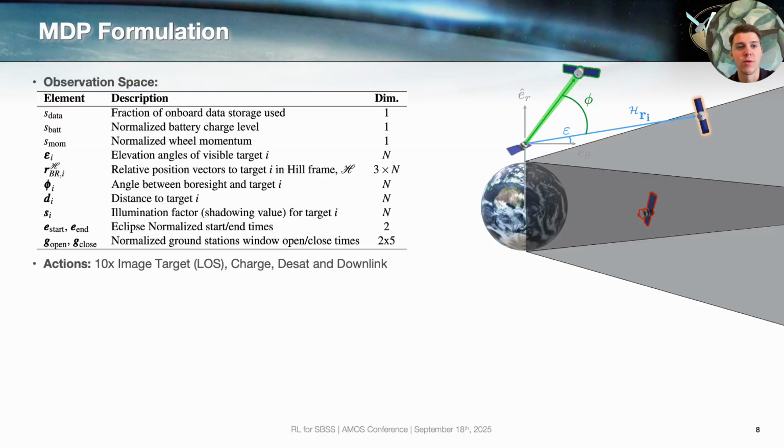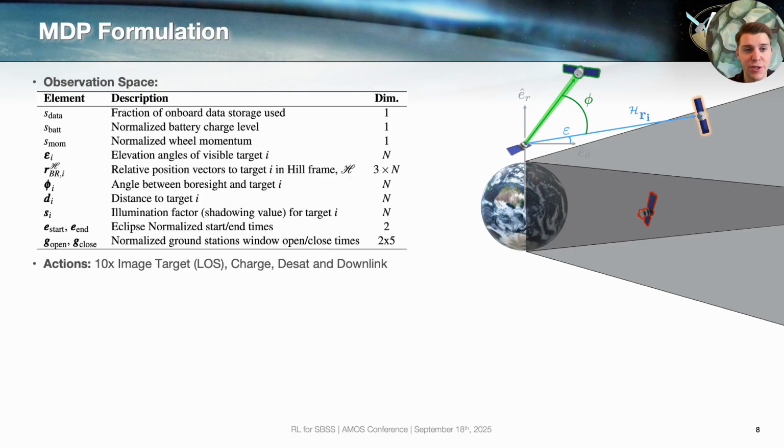Our Markov decision process formulation is as follows. The first 3 elements are about the spacecraft health: the data storage, the battery percentage, and the reaction wheel momentum of the 3 reaction wheels it is using.